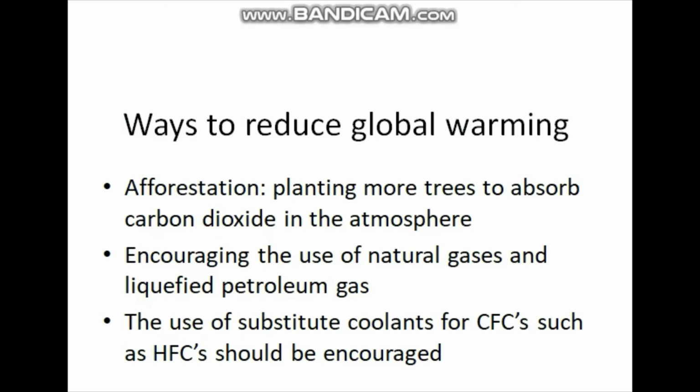So increase in atmospheric temperature is one of those damaging effects of global warming.